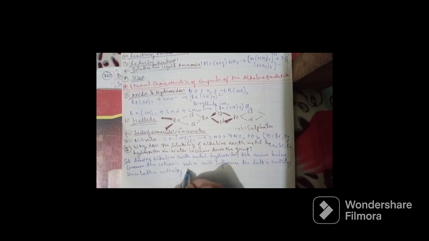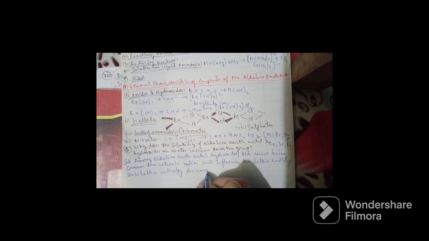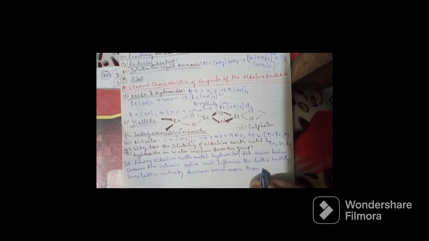Since lattice enthalpy decreases much more than the hydration enthalpy with increasing ionic size, the solubility increases as we go down the group.